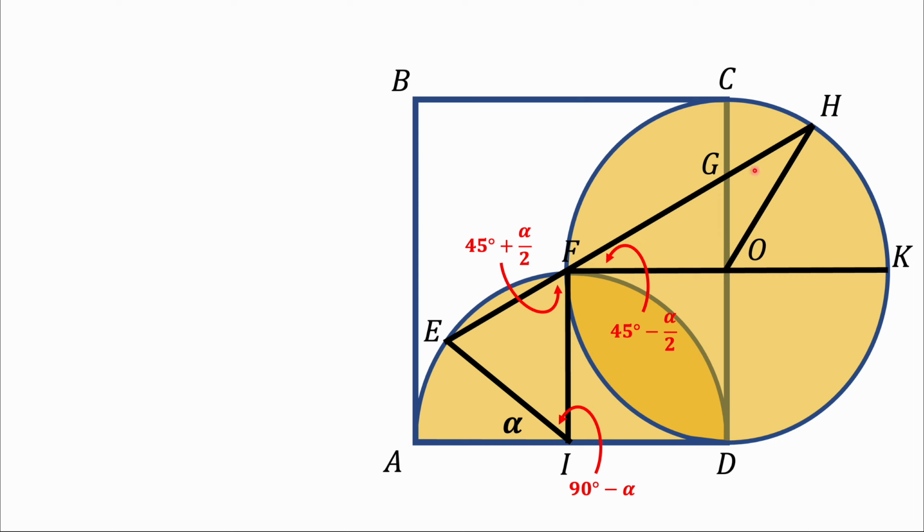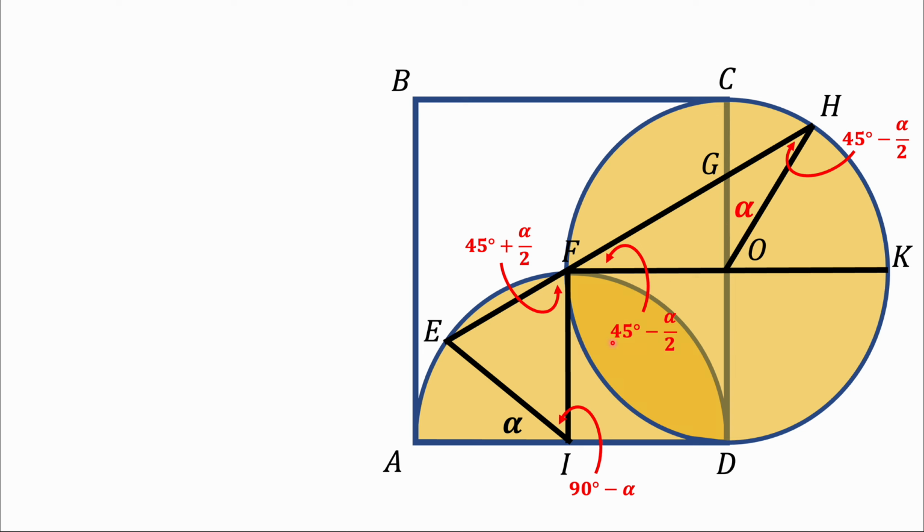Triangle FHO is an isosceles triangle. Angles at the base should be the same, so this angle H here should be also 45 minus alpha over 2. And that makes this angle right here, FOH, to be 90 plus alpha. Now this part of this angle right here is 90 degrees. Therefore, the part right here should be alpha.